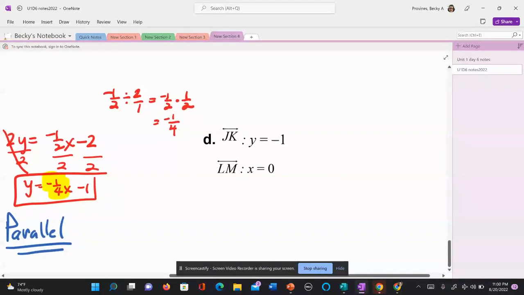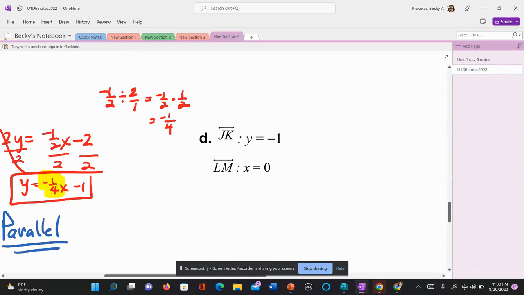Yeah, okay, last one. Now this one, if you understand these, this one's a fast one. If it's y equals and it doesn't give you a slope, that's a horizontal line, right? And if it says x equals, that means it is a vertical line, which means they are going to be perpendicular with each other.